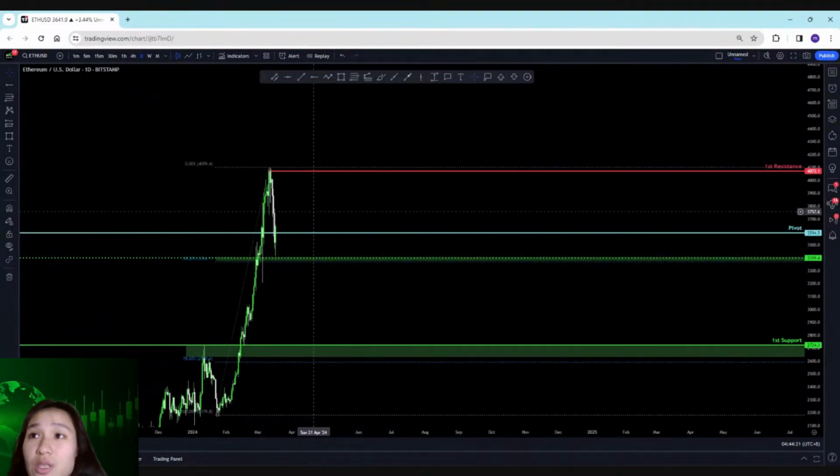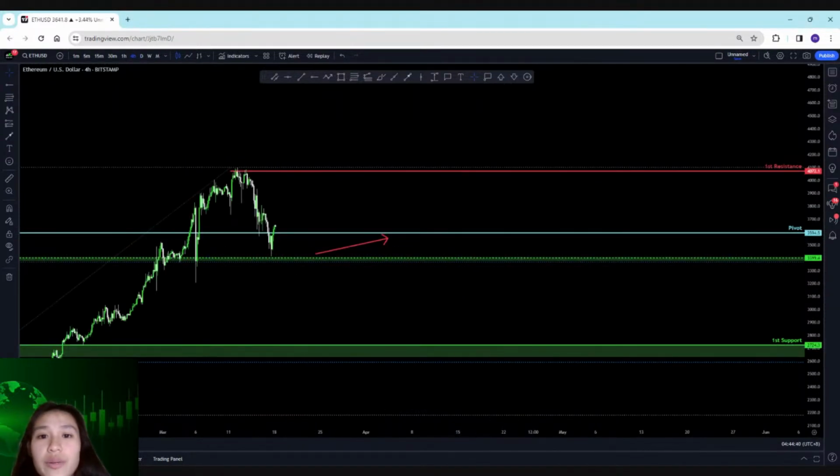So we might see it bounce up from this level to our pivot. And next, let's look at our 4-hour time frame.